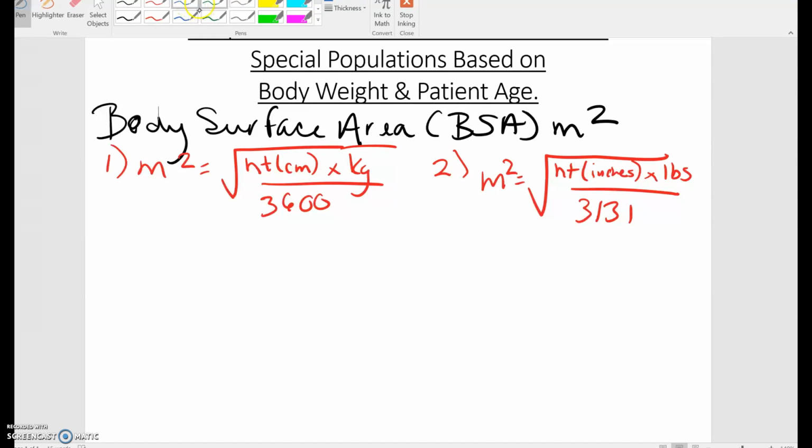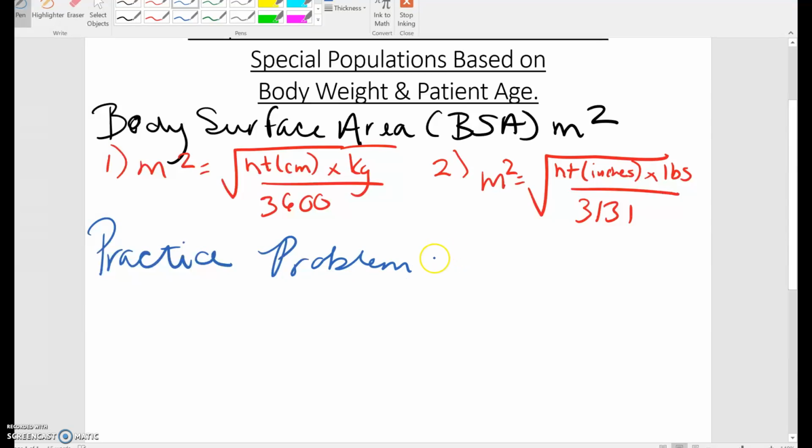So let's go ahead and start with practice problems C. Practice problem C at the bottom of page, I think that is 359.